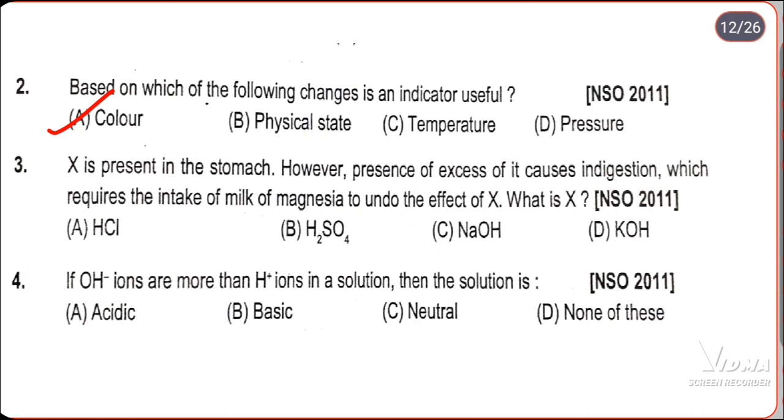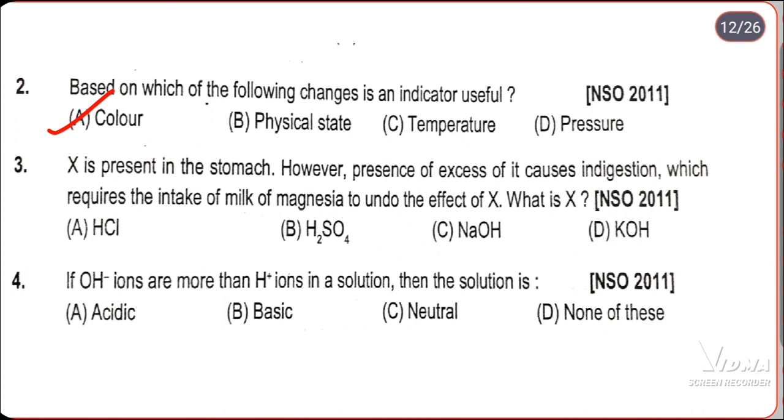So we will go with option number A, which is color. Next question. X is present in the stomach, means there is something which is present in stomach. However, presence of excess of it can cause indigestion, which requires the intake of milk of magnesia to undo the effect of X. What is X?